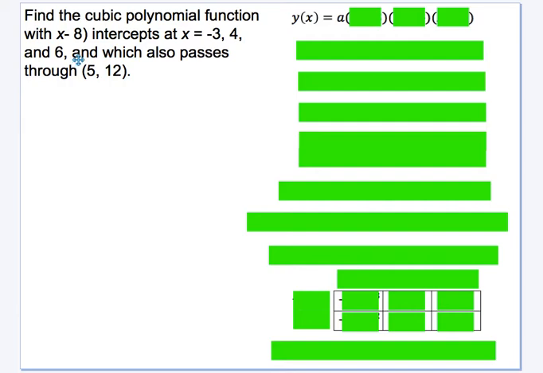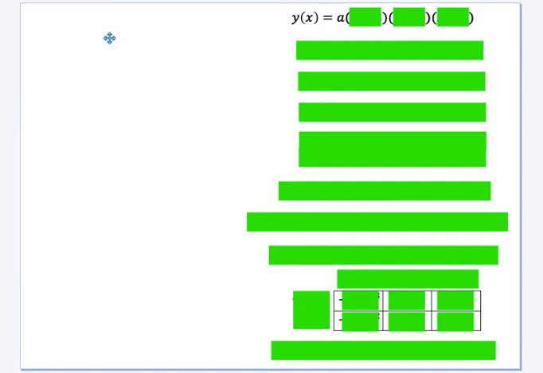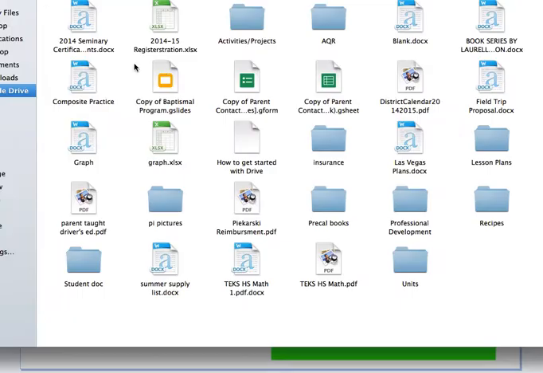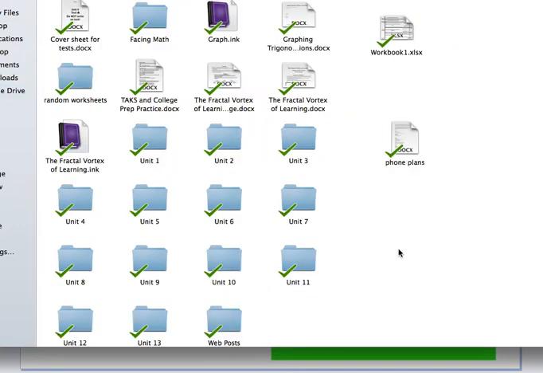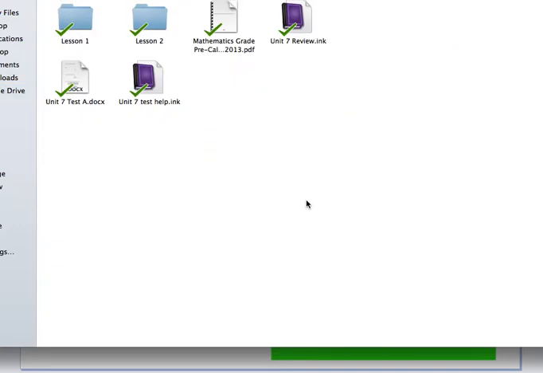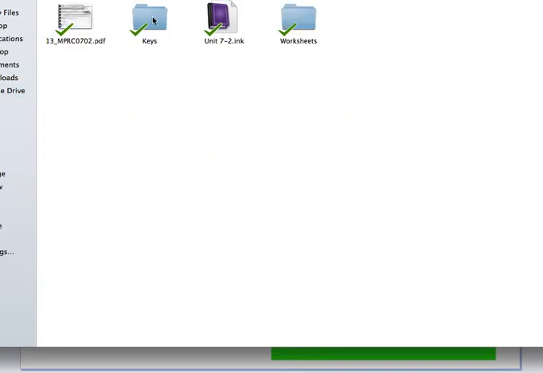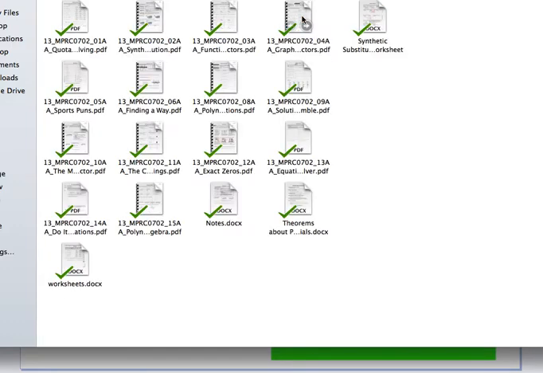Oh, this is really weird. You know what, hold on. I'm going to get rid of that because that's not the right wording on that. Let me find it really quickly. Sorry, guys. While I'm getting this figured out, I want you to go ahead and finish the other problems if you haven't done so already.